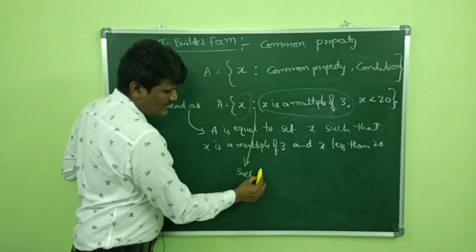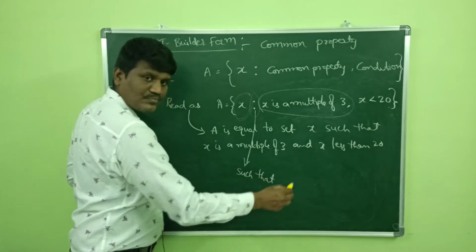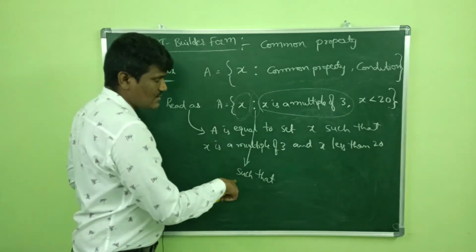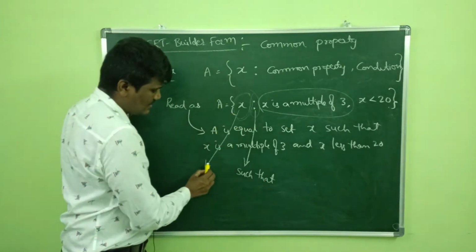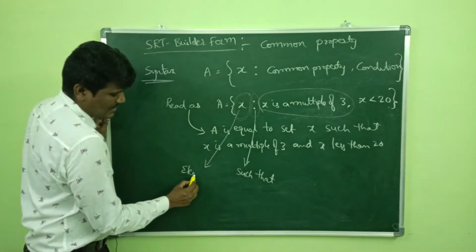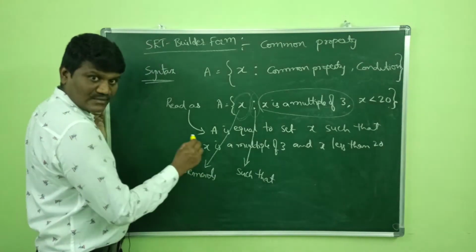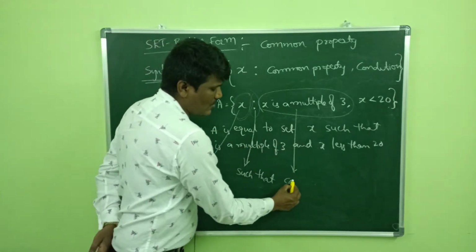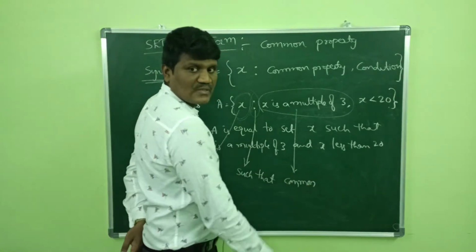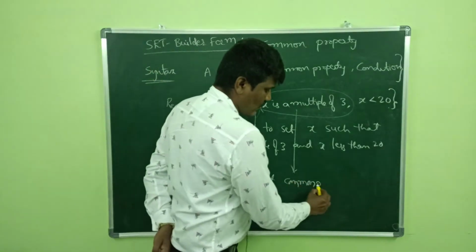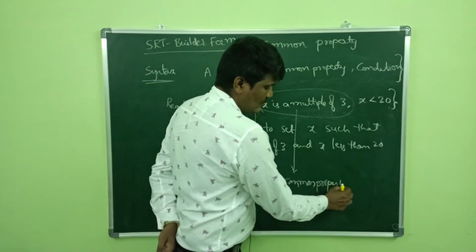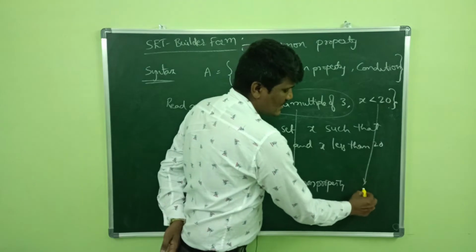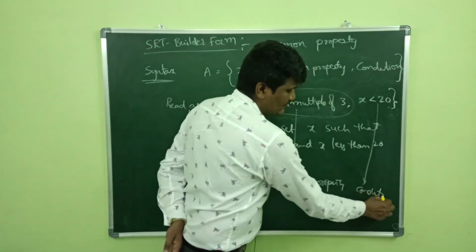We will write it as such that. x such that, and this is the elements. x is nothing but the element. We are writing the elements like that, elements such that, and this is the common property. This is the common property, and if you observe, this is a condition.